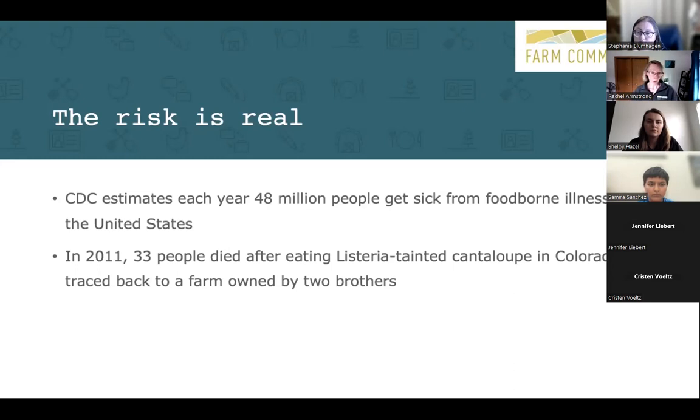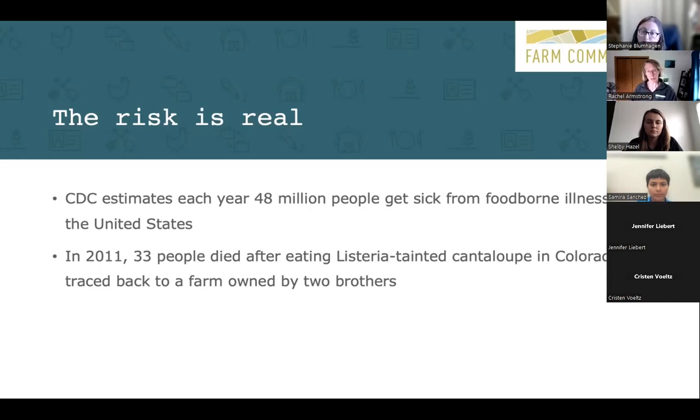What is more common is that somebody like these two brothers would end up responsible for that listeria if they were negligent. Now, that's not the charge that the $150,000 and 100 hours of community service resulted from, but it is the more common and more likely scenario for your average run-of-the-mill farmer with a tainted food product.